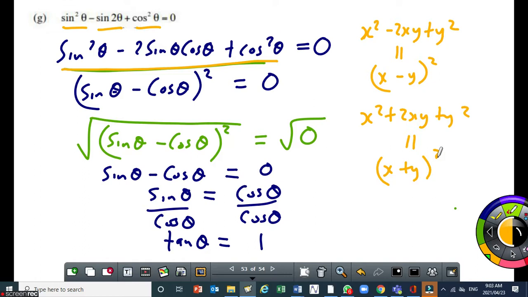So, this sine squared theta, treat it like the x squared. The 2 sine theta cos theta, treat it like the 2xy. The cos squared theta, treat it like the y squared. Follow what I'm saying? You are relating your algebra and your trig.